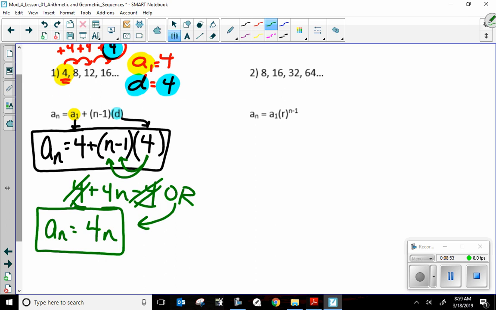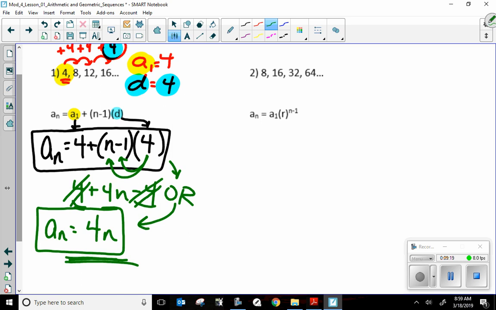That's simplified. If they don't ask you to simplify it, what I wrote in black is fine. If it's multiple choice, you might come up with what's in black, but it might be listed as what's in green. Just know that if you distribute and combine like terms, it could look slightly different. They both give you the same answers if I plug in values for n.